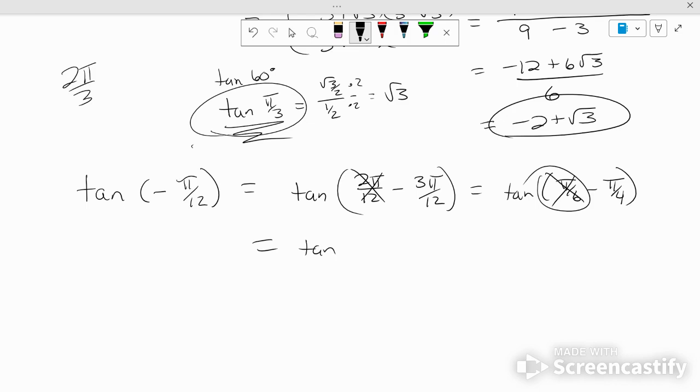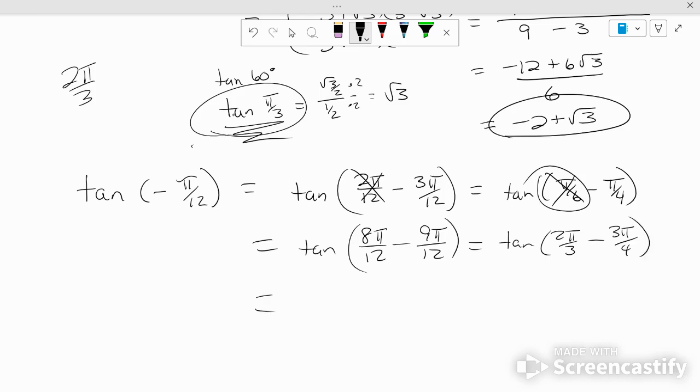What's 2 pi over 3 the same as? What over 12? 8 pi over 12? Do we have a 9 pi over 12? So 8 pi over 12 is the tangent of 2 pi over 3. 9 pi over 12 is 3 pi over 4. Okay? What this does then is takes the fractions out of it.